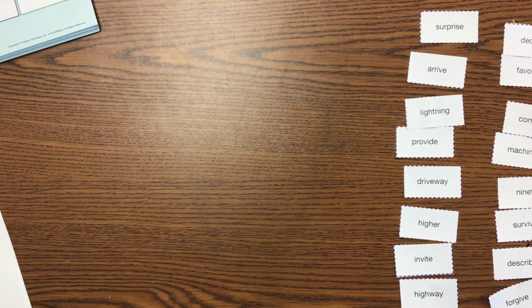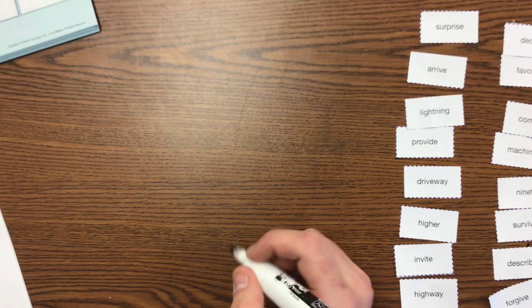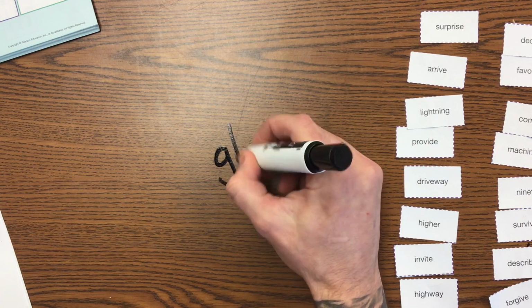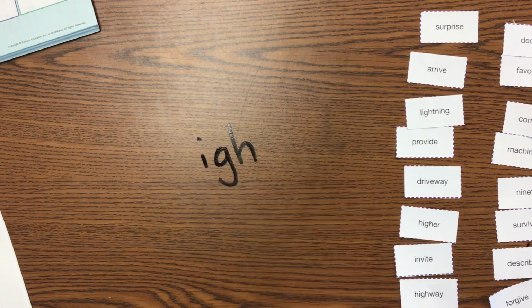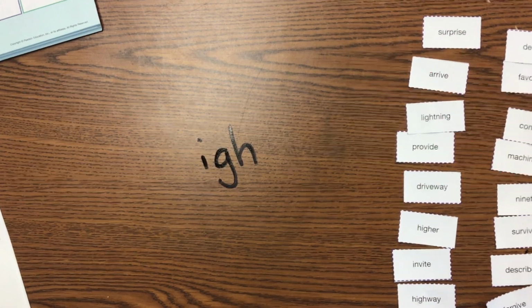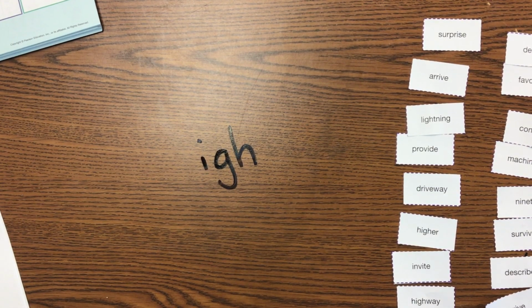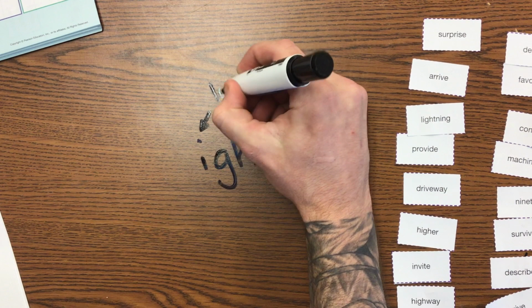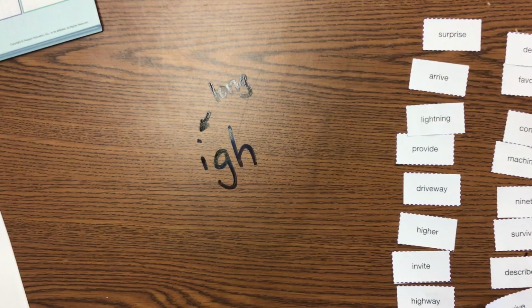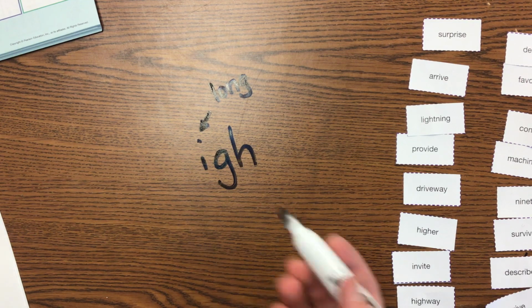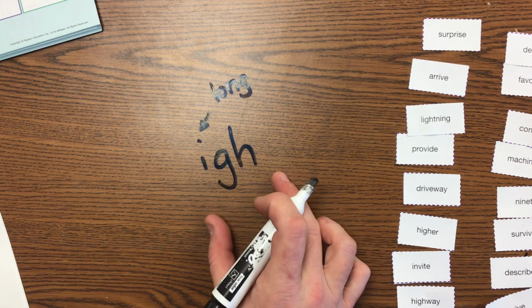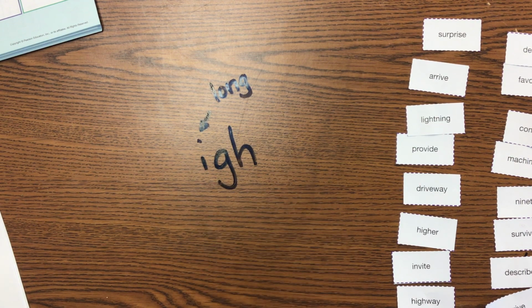But for us, the other way that you can make a long I sound is to have this. Anytime that you have an I, G, H, it's going to make the I long. Hopefully you're going to start to see a connection.